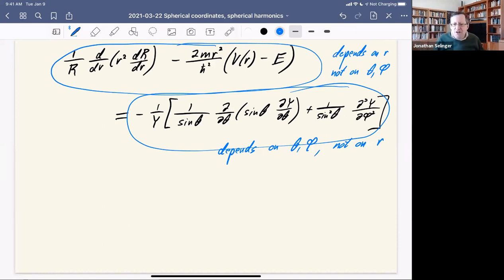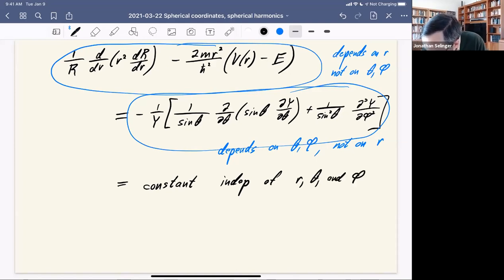How can something that doesn't depend on theta and phi equal something that doesn't depend on r? How could this possibly happen? The only way is if they're both equal to some constant that doesn't depend on any of these three variables. So all of this has to be equal to a constant that is independent of r, theta, and phi.